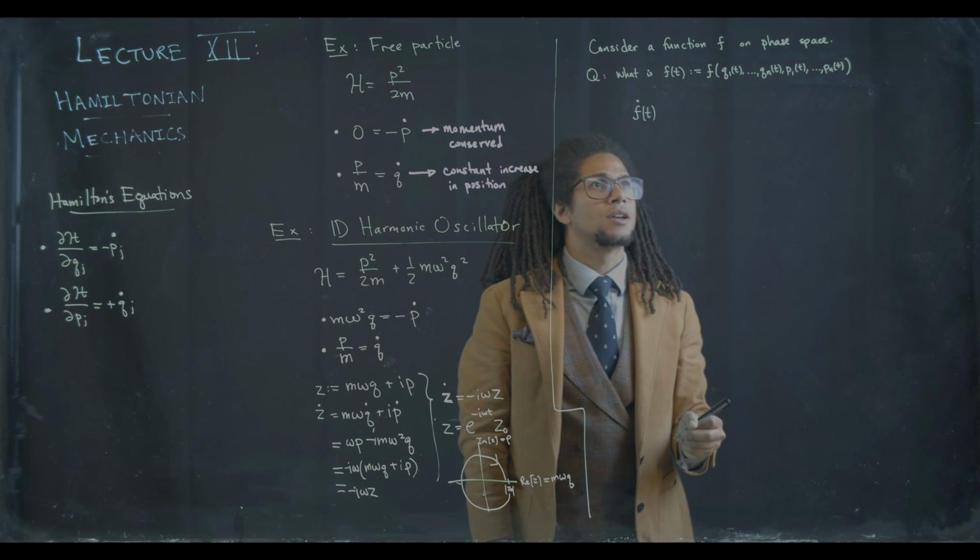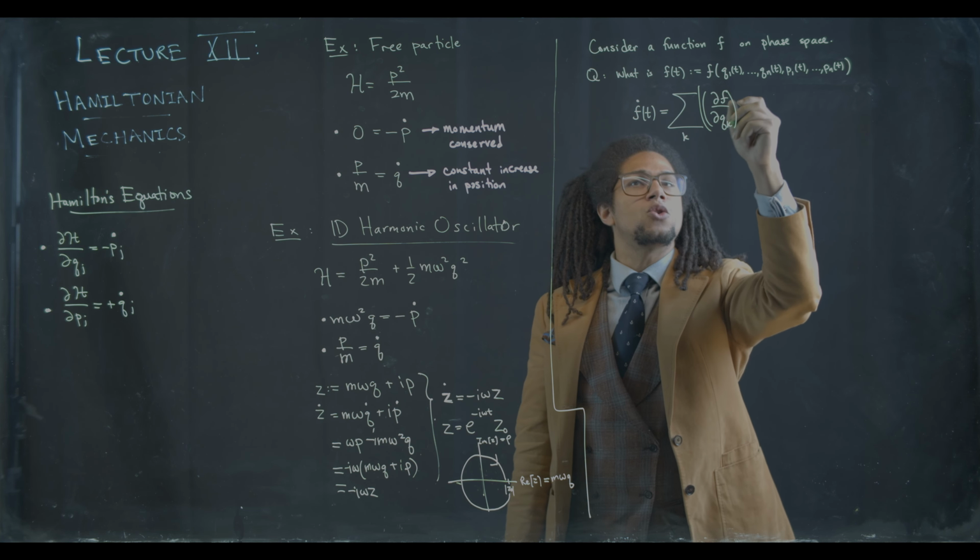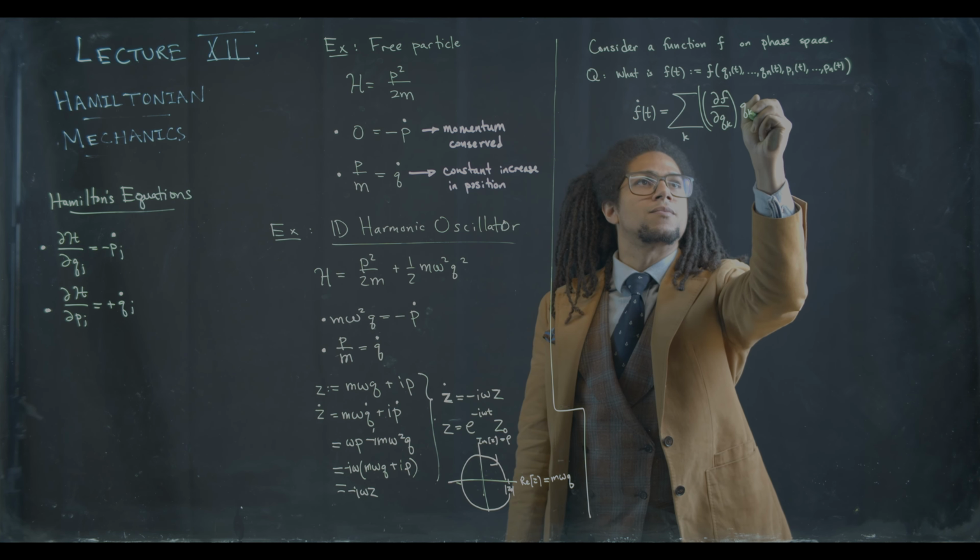I'm going to sum over k, and then I'll get a derivative of f with respect to qk, and then a derivative of qk with respect to t. Next, I need to take a derivative of f with respect to pk, and then a derivative of pk with respect to t.